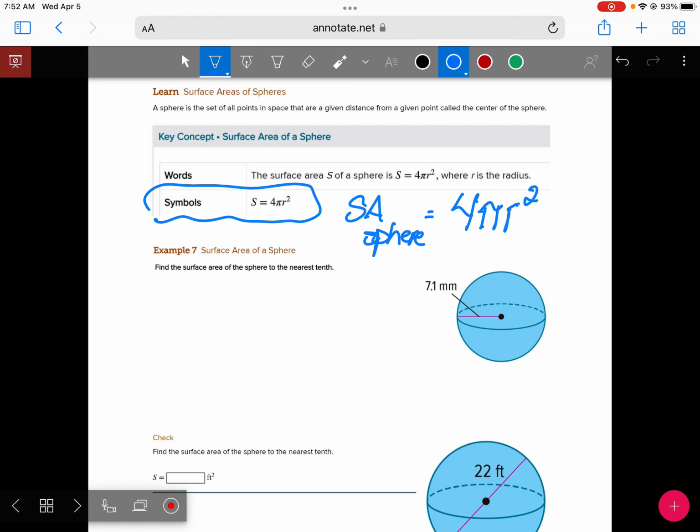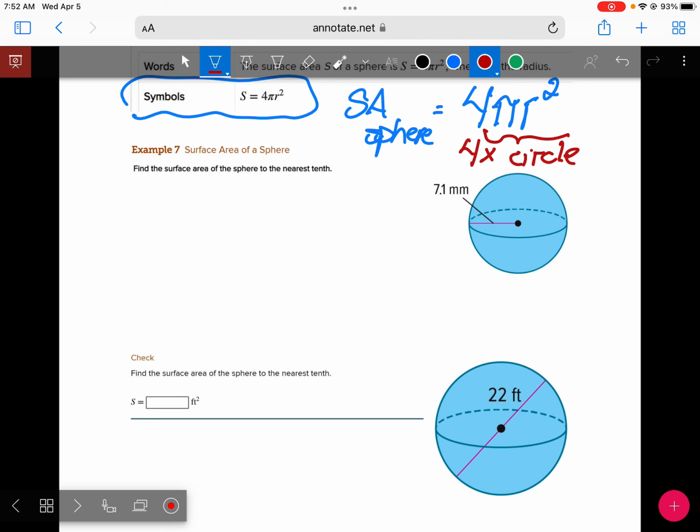So you've got the pi r squared, that's the area of a circle, an individual circle, and then we multiply it times 4. Okay? So 4 times the area of a circle.